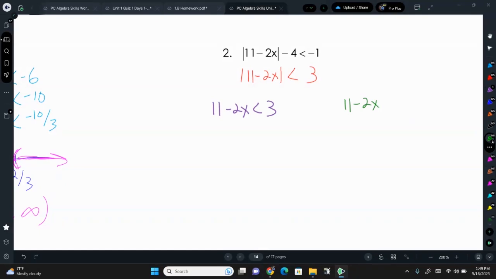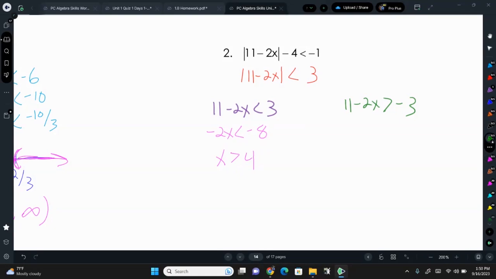Whoops, this one should be greater than the negative. So we're going to solve the purple one, subtract 11 from both sides, so negative 2x is less than 3 minus 11, which is negative 8. Divide both sides by negative 2, we get x is greater than 4.